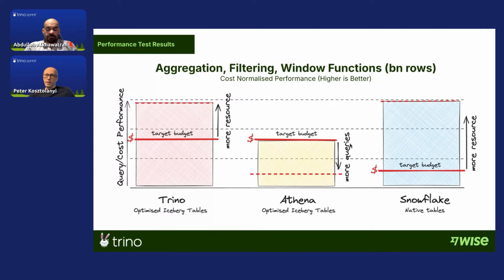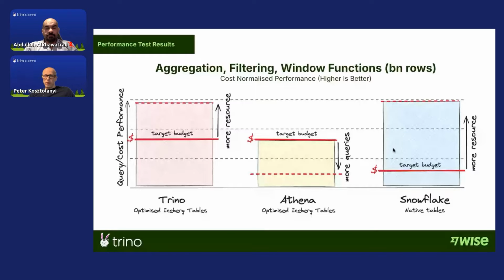Athena operates more in a pay-as-you-go fashion, and the more queries, the more the cost efficiency drops. Not really a performance issue. Performance may be more or less the same, but cost-wise, running that volume of queries for us is not the best option.